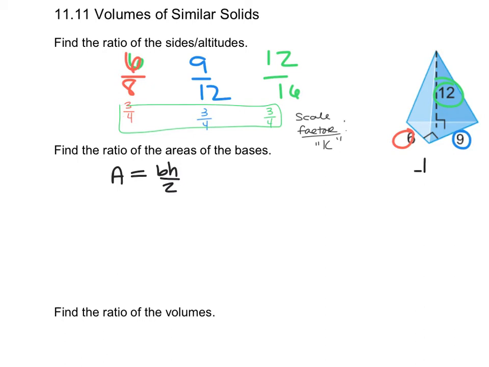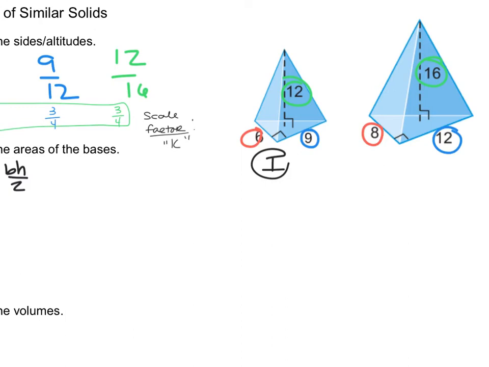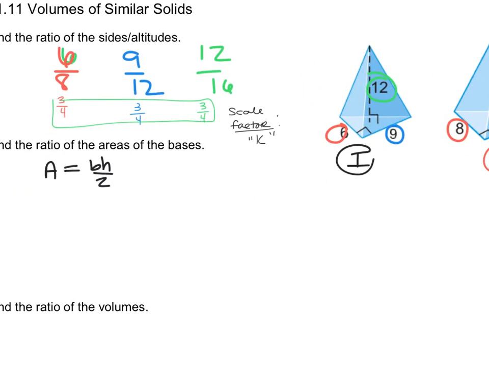I'm going to call this pyramid 1, and this will be pyramid 2. So area equals 6 times 9 divided by 2. Area equals 6 times 9 is 54, divided by 2, 27.